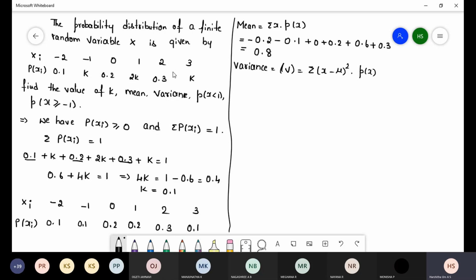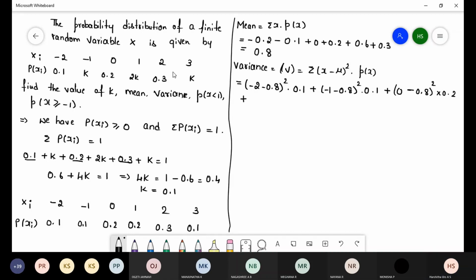So the x value minus 2, minus mu value 0.8, whole square into 0.1, plus minus 1 minus 0.8 whole square into 0.1, plus 0 minus 0.8 whole square into 0.2.